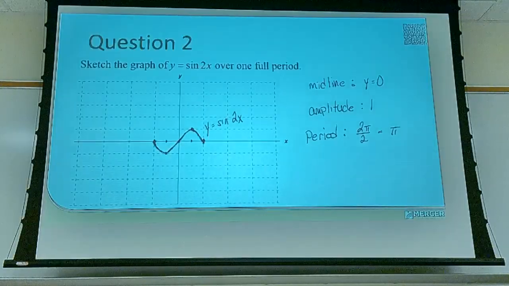I mean, this is a vertical compression by a factor of 2, right? Remember all the way back when we did the transformations?